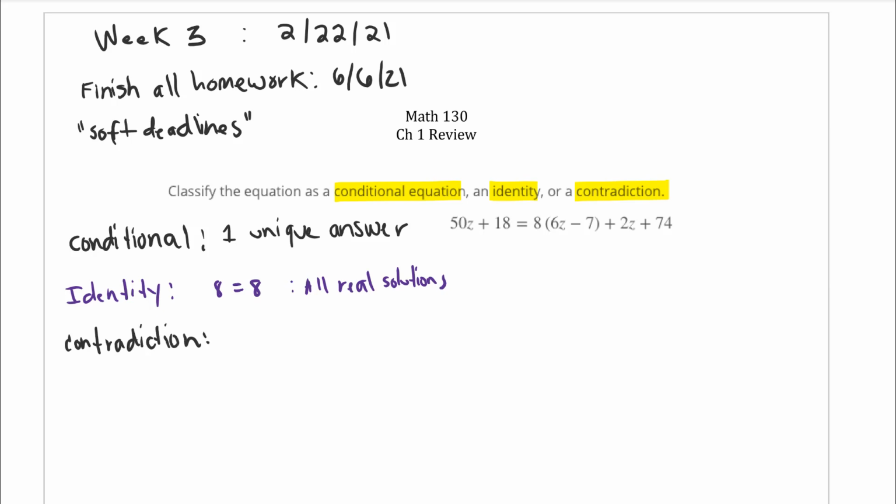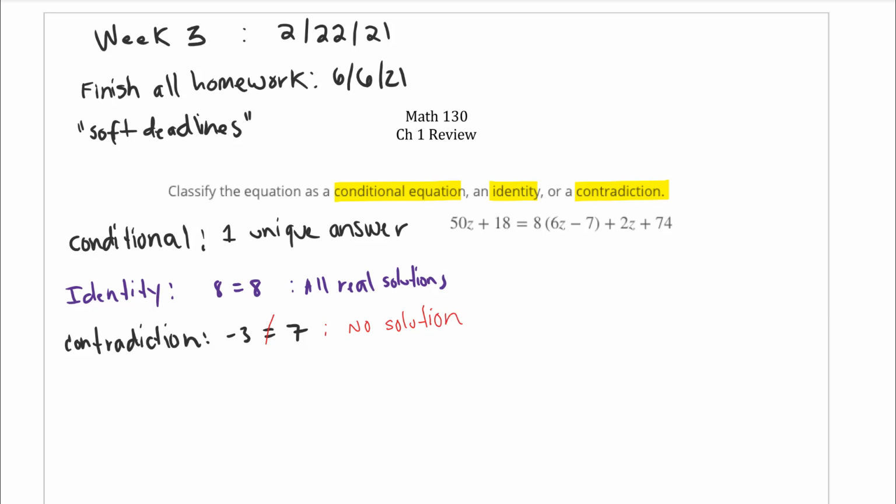And a contradiction is saying, let's say two different numbers are the same. So if I have -3, that is the same as 7, which is not true. This is false. So this is not real, or no solution. The answer here doesn't make sense.